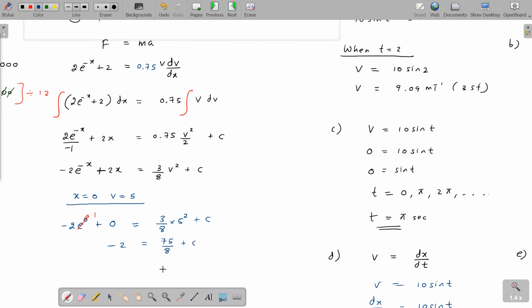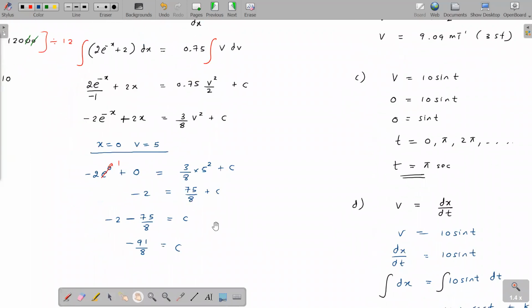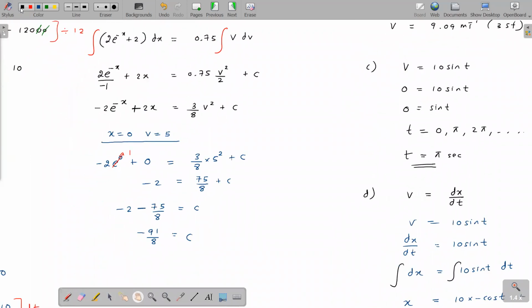Can I know the c value? Minus 2 minus 75 over 8 gives me c as minus 91 over 8. Okay, agreed. Input the c value back into the main equation.